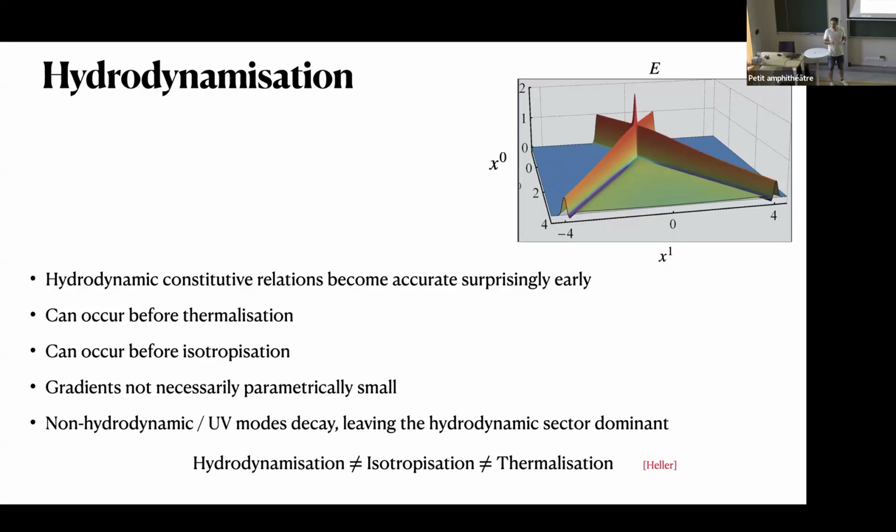What are they small compared to in this picture? I mean, what would they be small compared to? For example, okay, this is teleological, but let's say that you reach some final state that has some temperature, you're comparing to that.